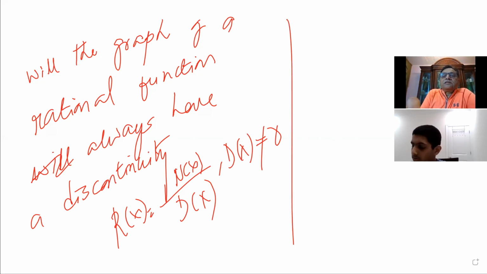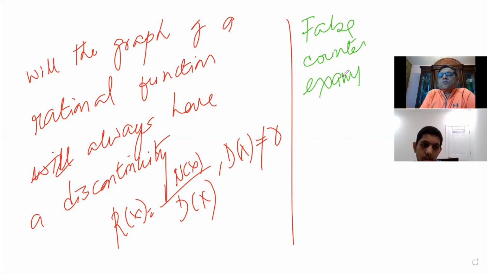Could you give me a counter example? The statement is false. Counter example, please. How about this?